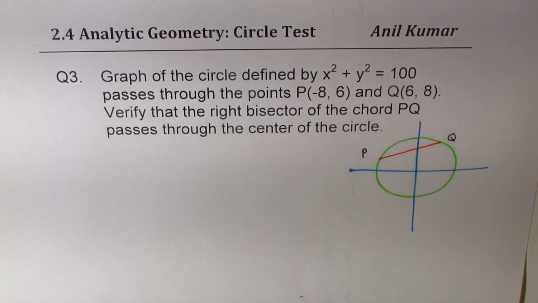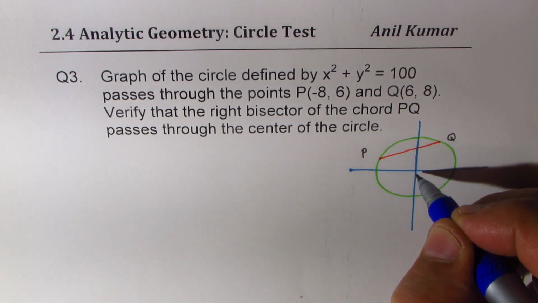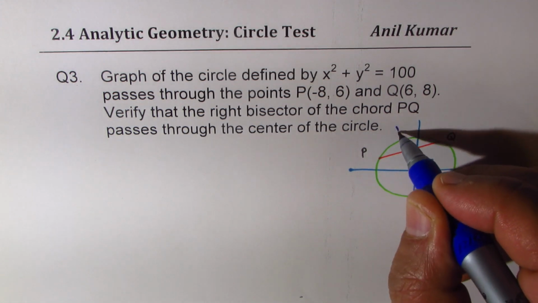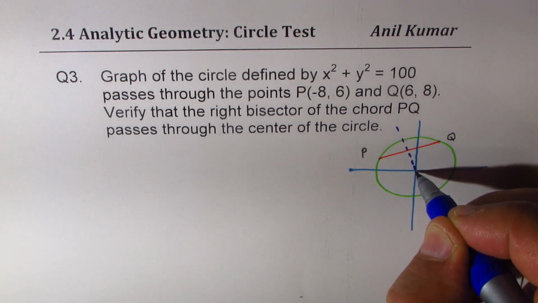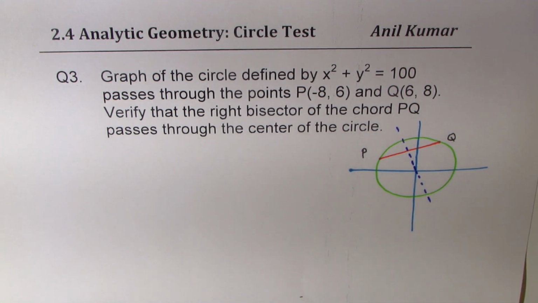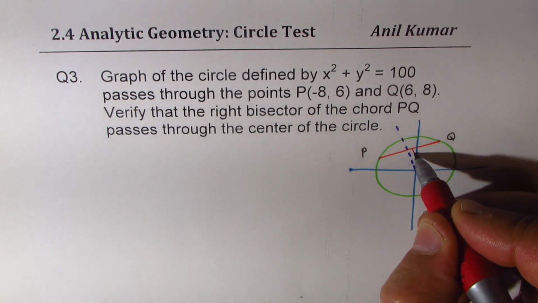Now we need to verify that the right bisector of this chord passes through the center. So we have to verify that the right bisector passes through the center. This is what we have to verify. So I'd like you to pause the video, answer this question, and then look into my suggestions.